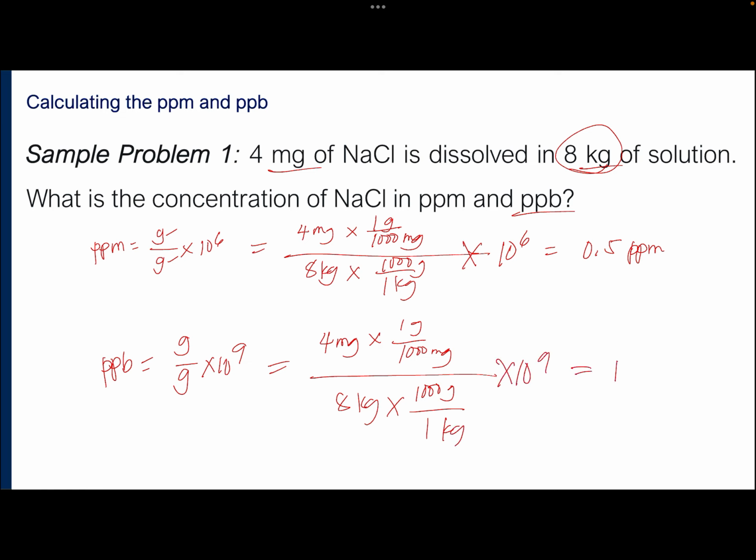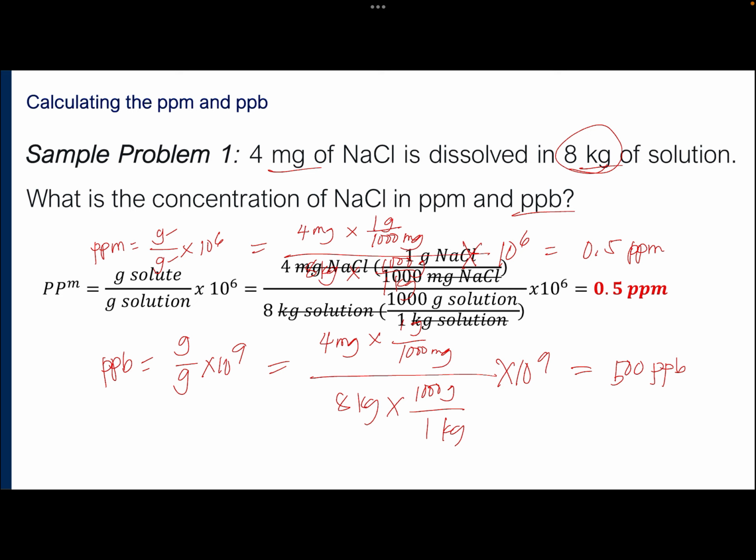So we have 500 ppb. That is how easy ppm and ppb are. So 0.5 ppm and 500 ppb.